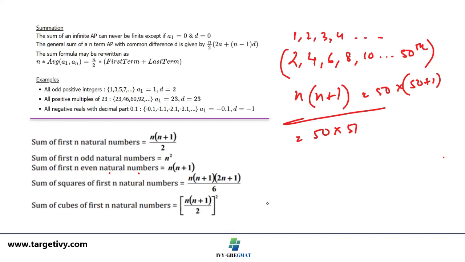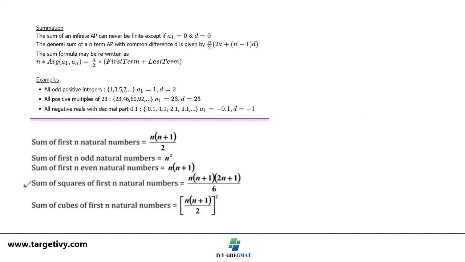Let's take the fourth one. The sum of squares of first n natural numbers. So if natural numbers are 1, 2, 3, 4, it is 1 square plus 2 square plus 3 square plus 4 square, and the story goes on. So if I am asked the squares of first n natural numbers, say let's take till 10.